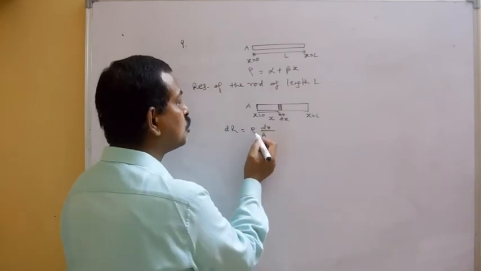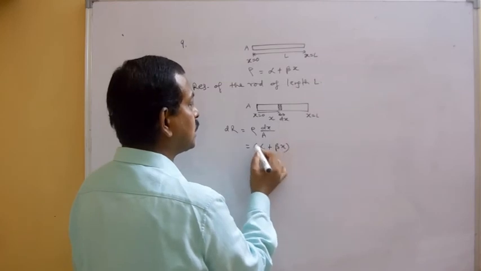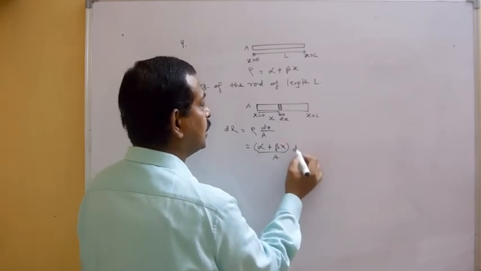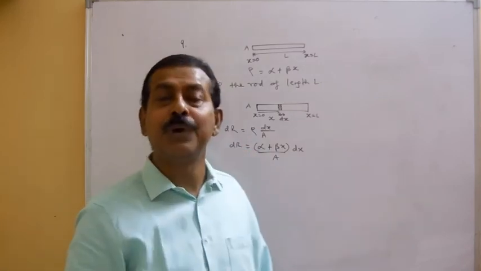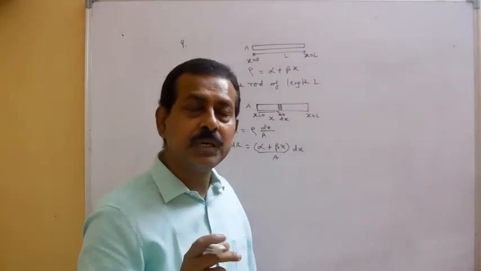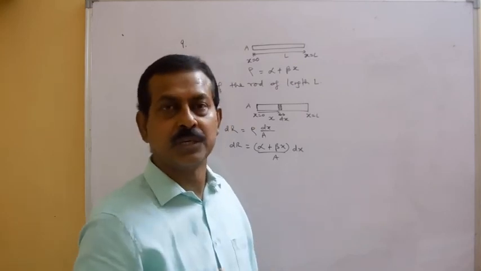But of course, rho here is given as alpha plus beta x, and then it is dx. So this is your dR. If you have to find the total resistance of this rod, we'll just integrate this to get the total resistance.